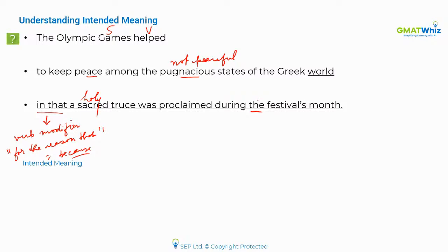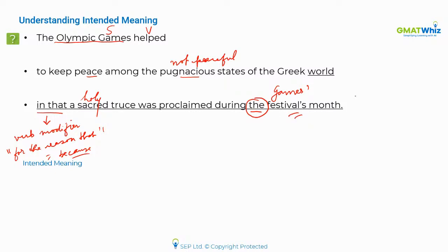Now, the definite article would refer to something which is already mentioned earlier. The only thing that can be a festival here is the Olympic Games. So it's saying during the games, and there's an apostrophe s here, the festival's month. Now this usage is not considered correct.